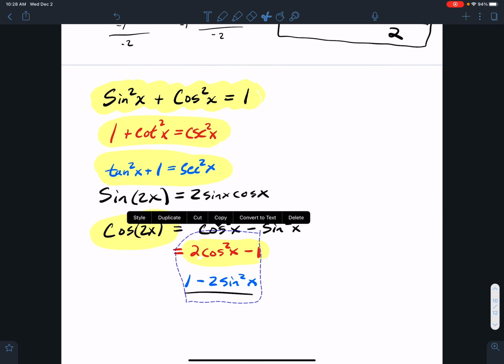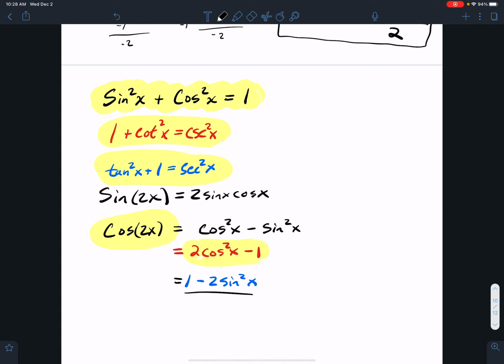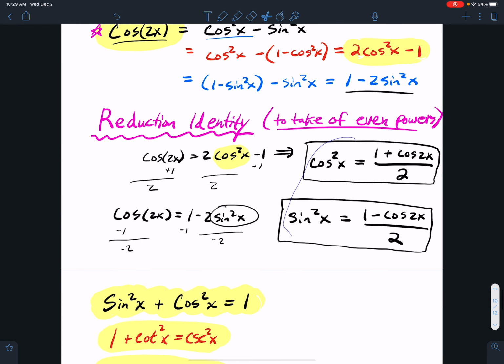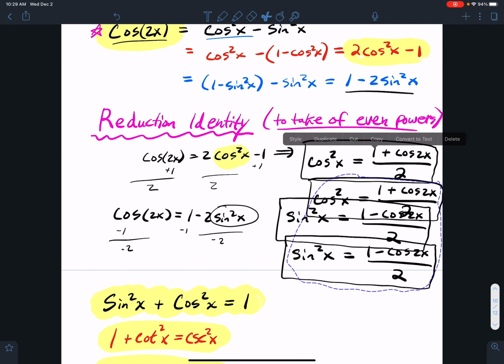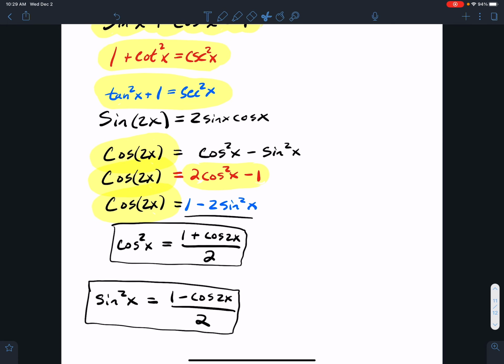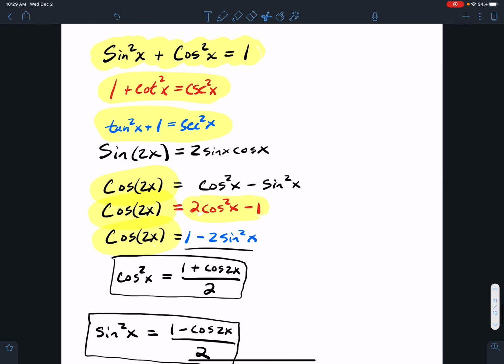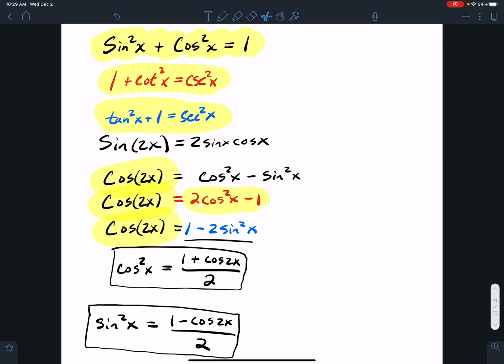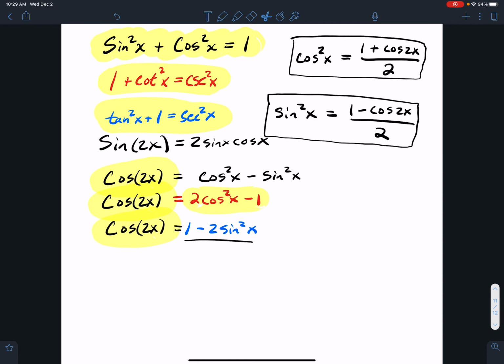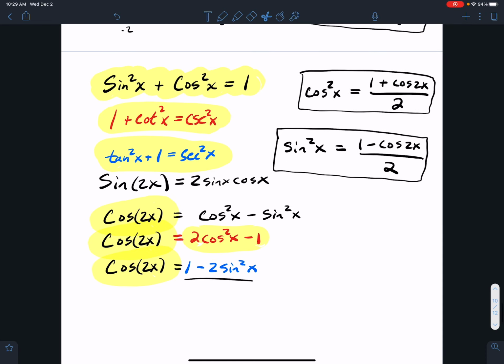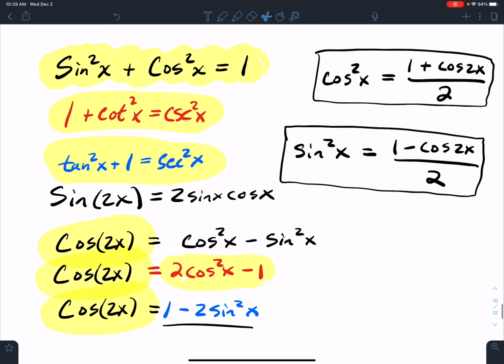When it comes to identities, those are all cosine 2x. And then lastly right here. So these identities, they're just going to keep popping up in this integral section. So it's very important that you have a firm grasp of these key identities.